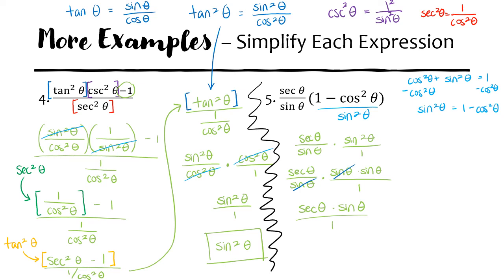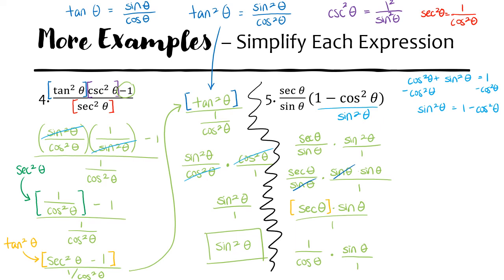Okay, so let's remember, of course, that secant is one of those reciprocal identities. It's equal to 1 over cosine. I'm going to write that out, 1 over cosine. I'm just going to leave sine as itself, maybe I'll write it as over 1. So we have 1 over cosine times sine over 1.